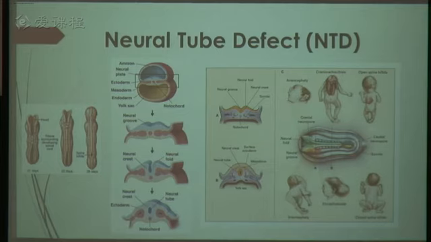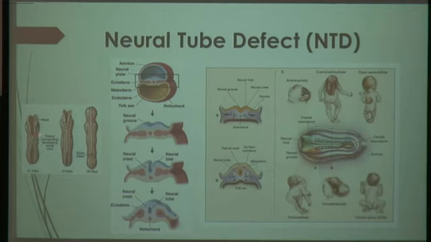So if you look at this right picture here, any defect in the development of the neural tube is usually related to a failure of closing of the neural tube.